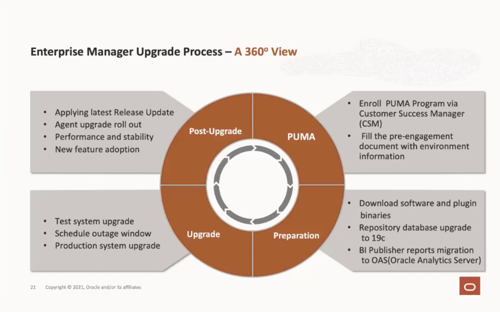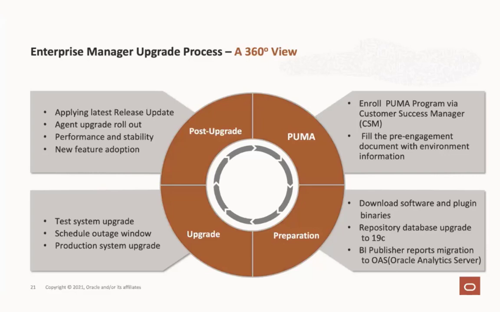The next step is to pick the least critical environment, which you think has very little configuration, or you can think about a development or test upgrade. You can upgrade that system to 13.5 and see how the upgrade process works, whether you're able to adjust to all the new options, and validate how the upgrade is performing. Because this is a very small system, you can quickly evaluate whether the upgrade is working fine or not.